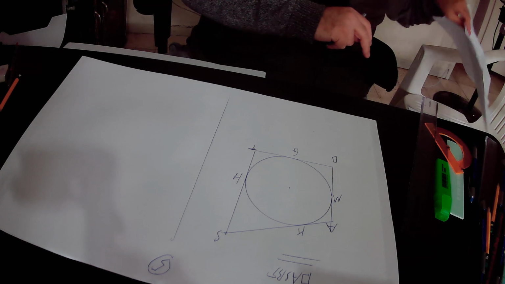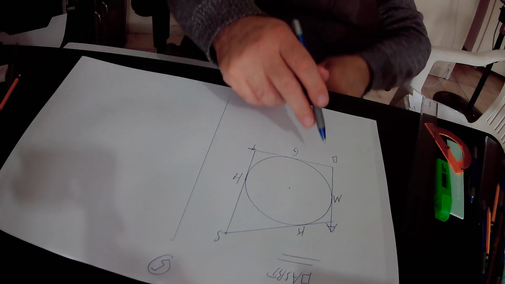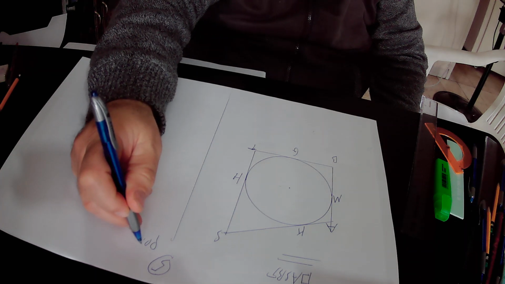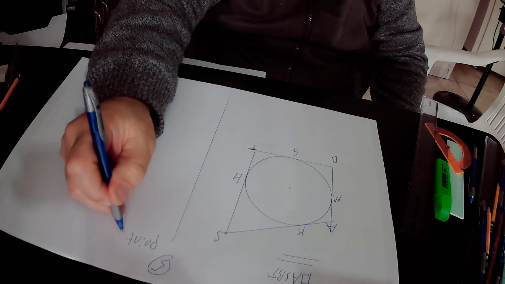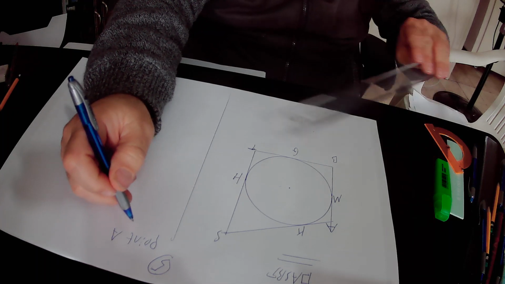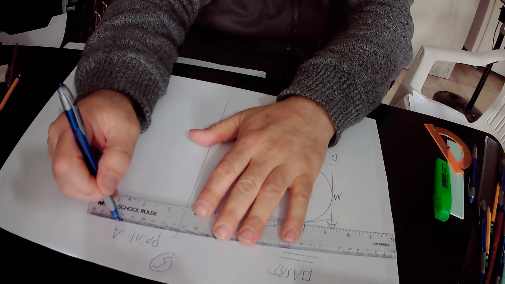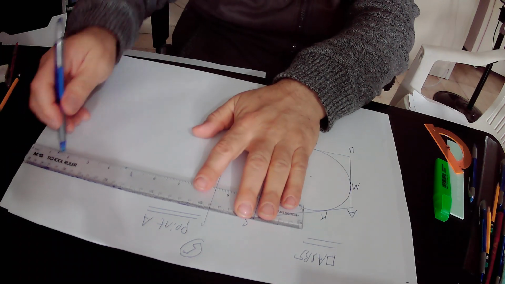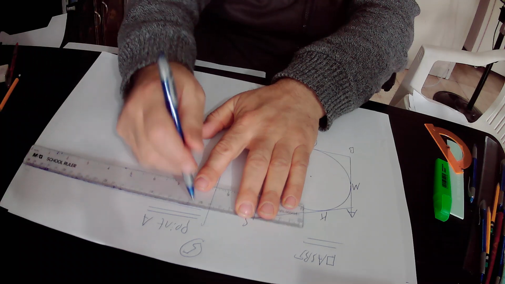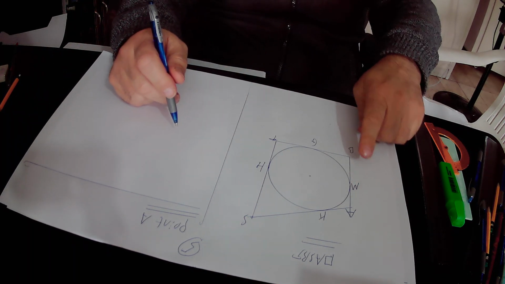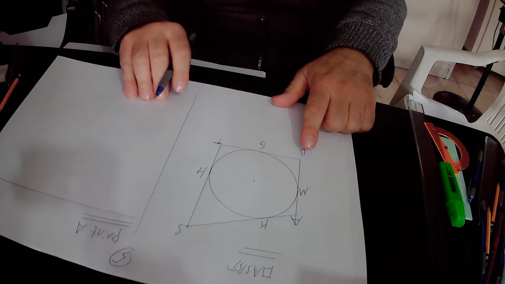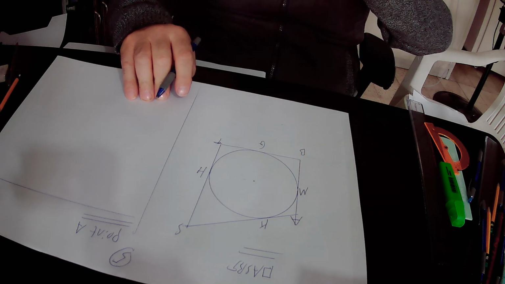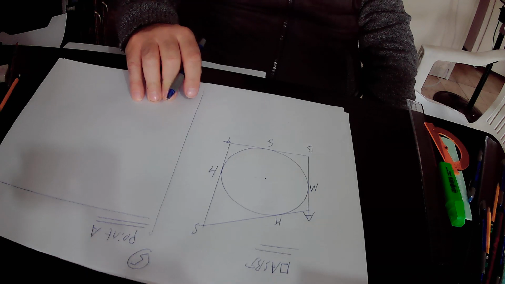Why? Because in our drawing, if we focus on the common standpoint point A, from the common standpoint point A, we have two tangents to this circle, tangent AM and tangent AK. And according to rule 2, they are equal to each other.